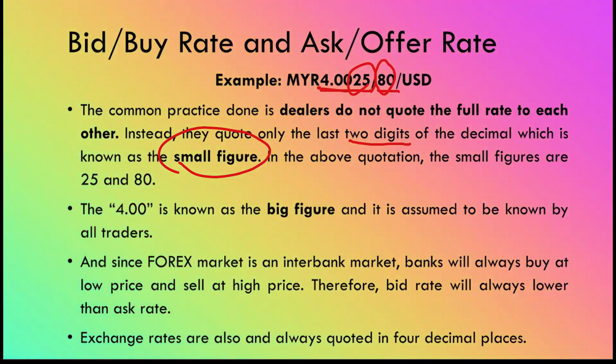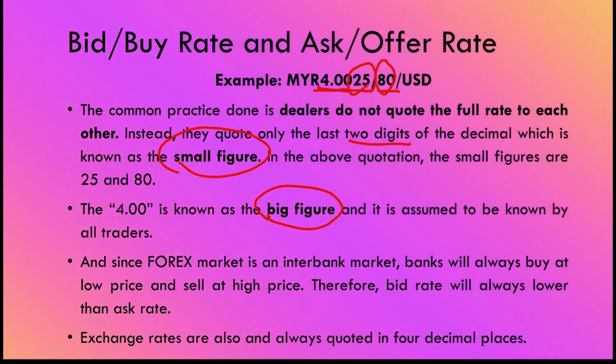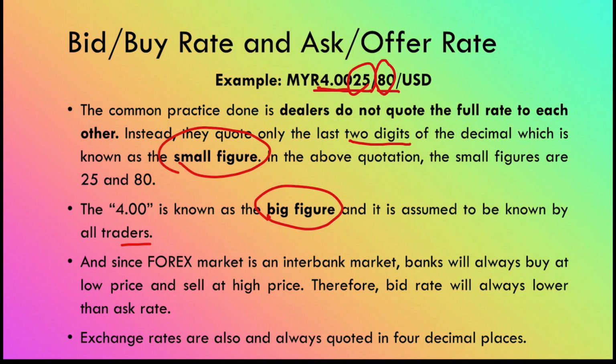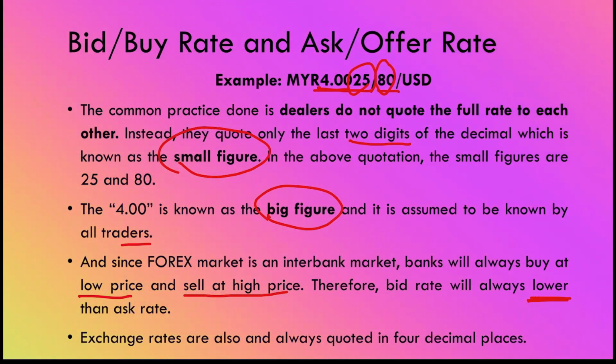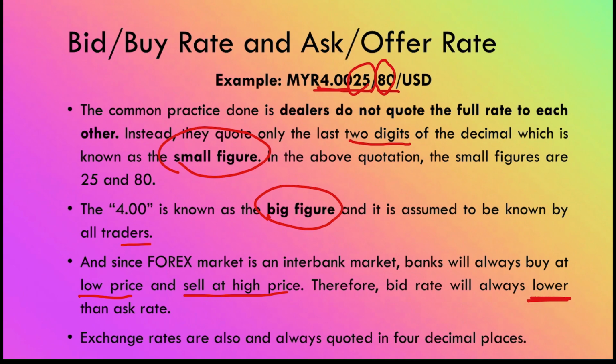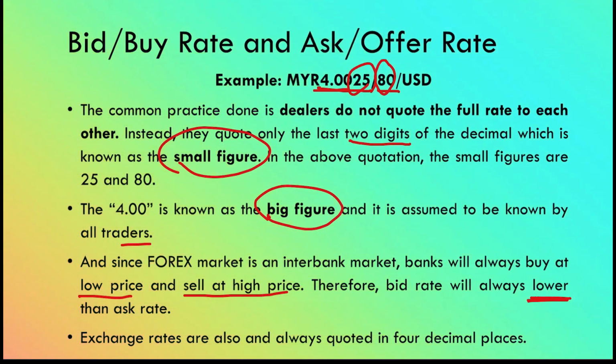The 4.00 is known as the big figure, and it is assumed to be known by all traders. And since the forex market is an interbank market, banks will always buy at a low price and sell at a high price. Therefore, the bid rate will always be lower than the ask rate. And exchange rates are also always quoted in 4 decimal places.